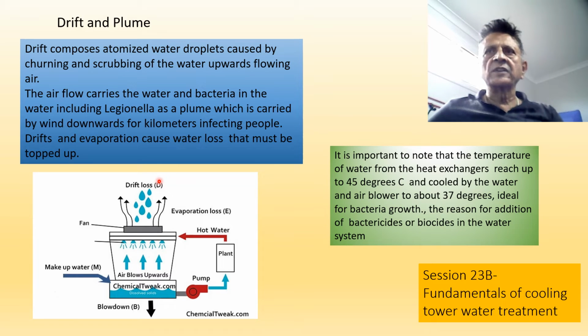It is important to note that the temperature of water from the heat exchangers reaches up to 45 degrees, and by the time it cools down, the cold water is about 37 degrees. At 37 degrees, with a lot of dust, dirt, and so on within the water, it is extremely good for bacterial growth, and hence the reason for adding biocides.